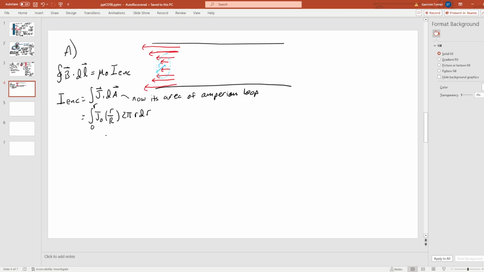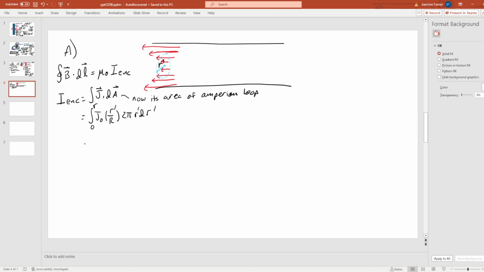But you generally don't want your integration variables and your variables that appear in your limits to be the same. So I'm going to generically make these primed. Okay, so we have r prime as our Amperian radius.